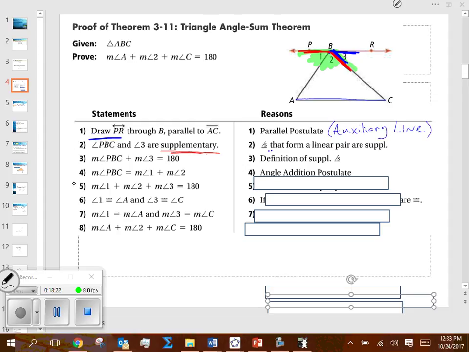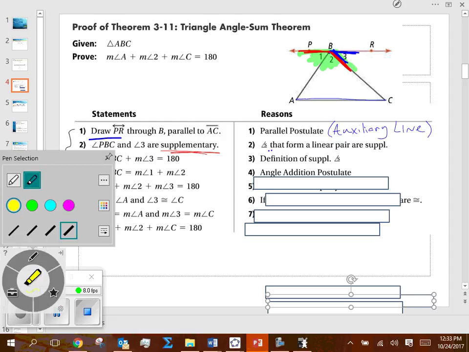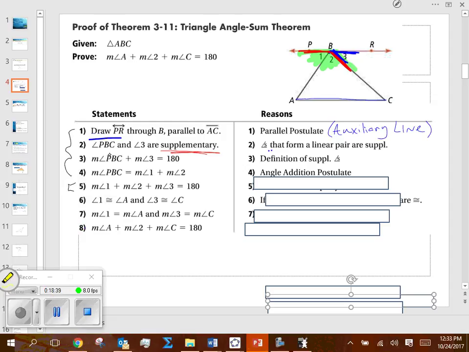However, statement 5 is dependent on those 4. So statement 5 has to be made after the first 4 are made. Look at what's going on here. That statement right there is an equation with 180 in it, right?